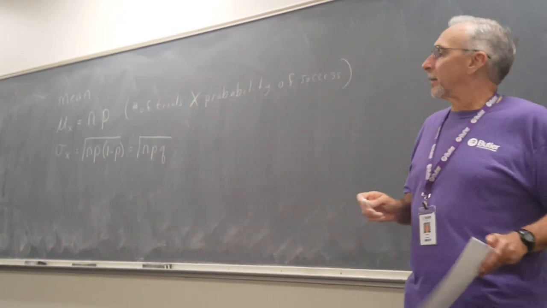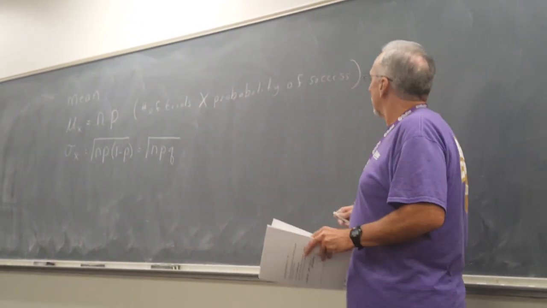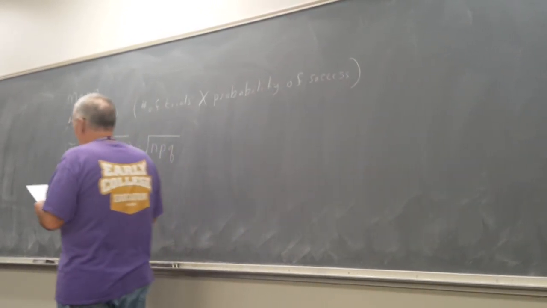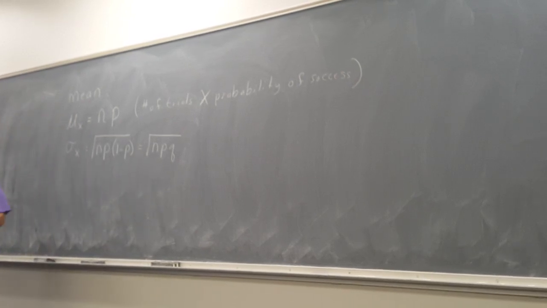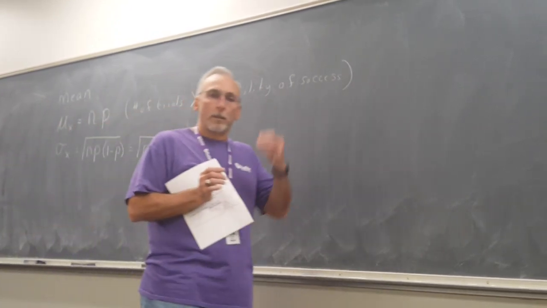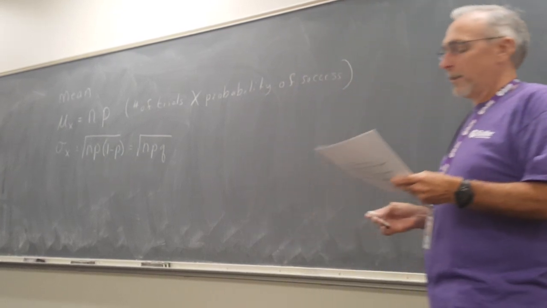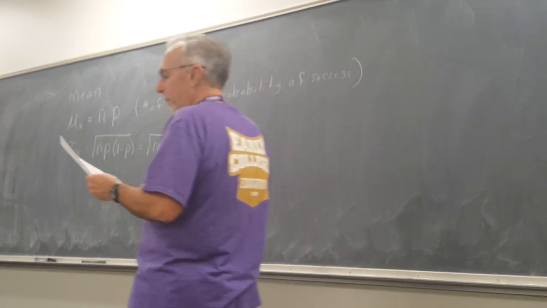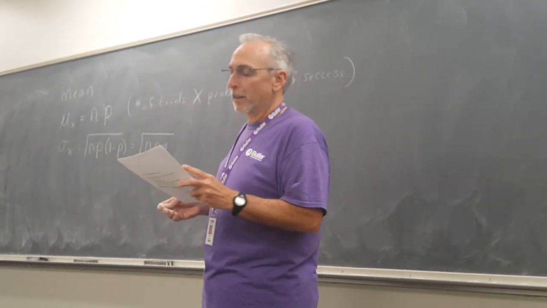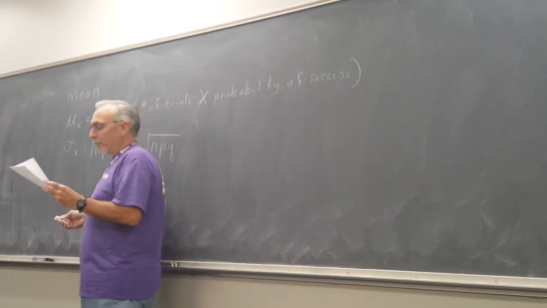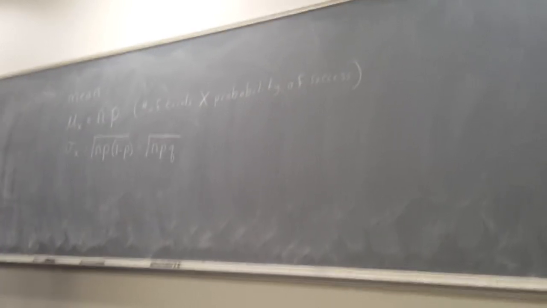So once you know the number of trials that you're going to conduct, and you figure out what your probability of success, your p, is, it's very easy to calculate your mean and standard deviation. So if you would, on the next page, read through that problem and determine what the mean and standard deviation of your x is in this case.